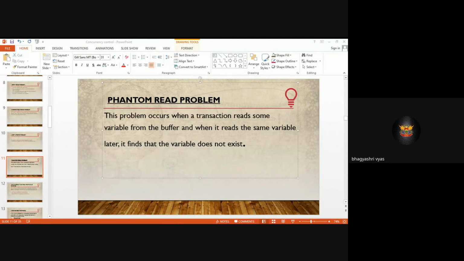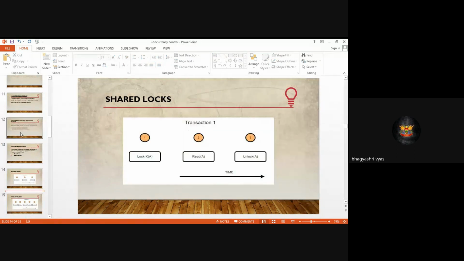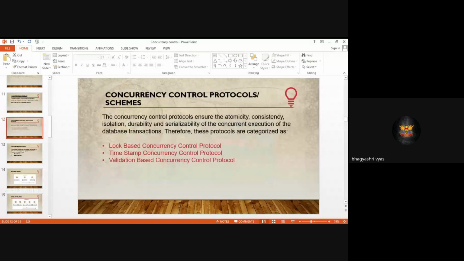Okay. I think my screen is visible to everyone. Yes, we were talking about the ACID properties. Okay, so why this ACID principle is important.